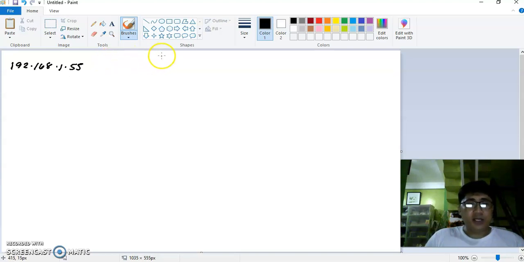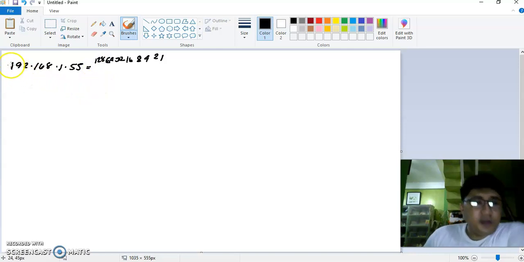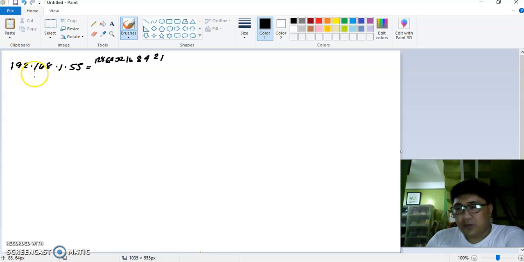Starting from the first bit, we have 1, 2, 4, 8, 16, 32, 64, and 128. For 192, we need to add these numbers in order to arrive at 192.